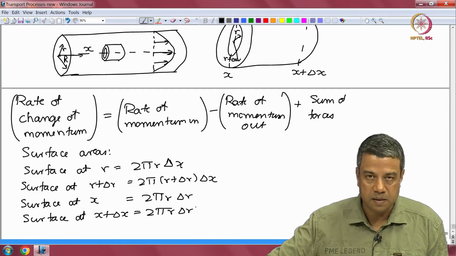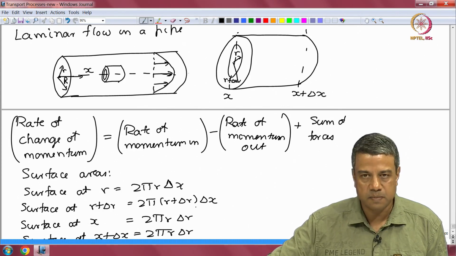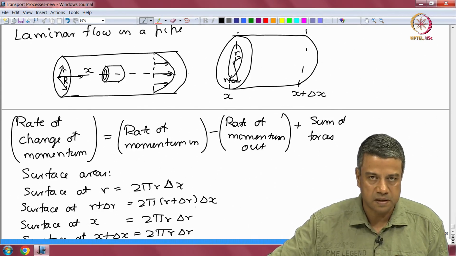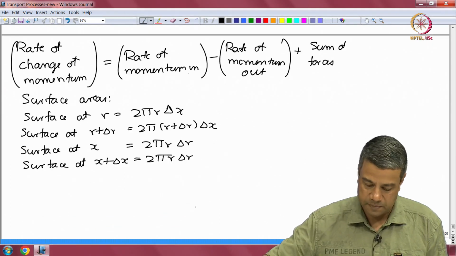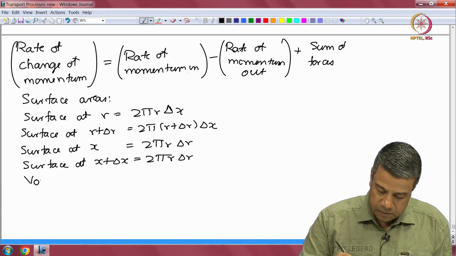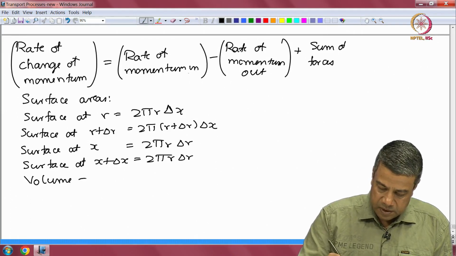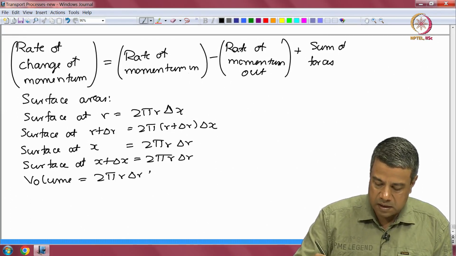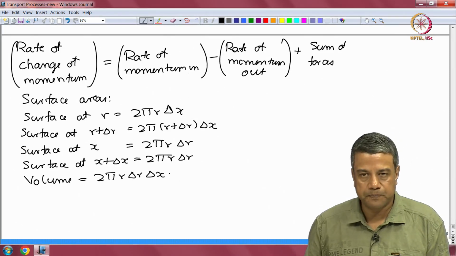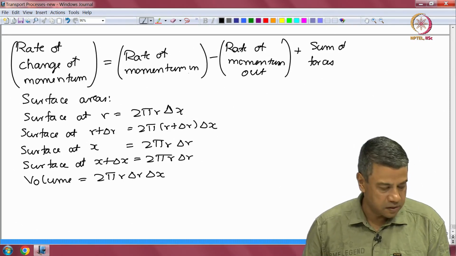The perimeter times the thickness, that is the disk between r and r plus delta r, the annular region between r and r plus delta r. And the volume is equal to 2 pi r delta r, the thickness, times the length along the x direction.